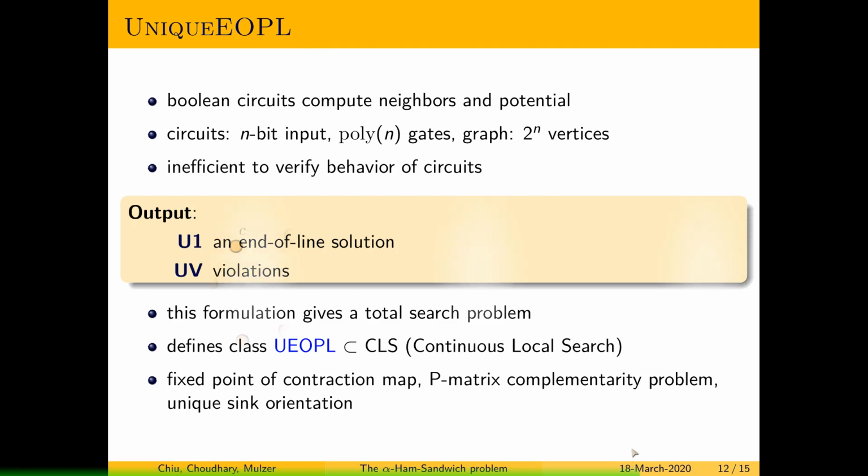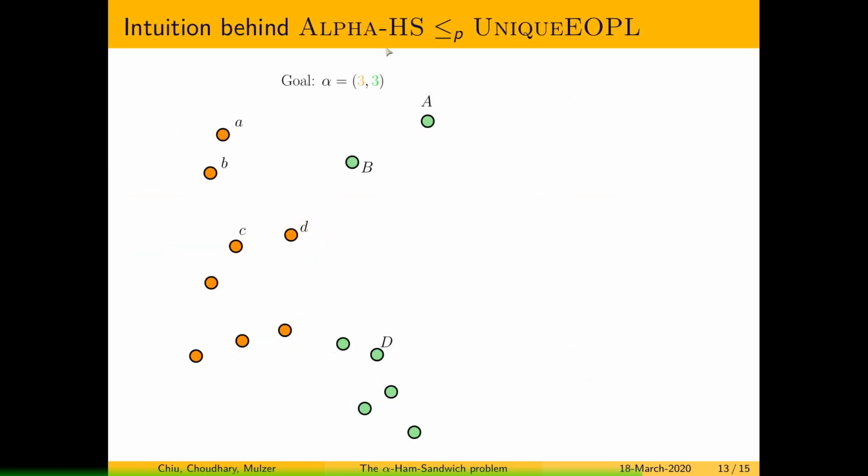Let us now see why we can have a reduction from alpha ham sandwich to unique EOPL. Suppose we have 2 point sets in the plane, orange and green, which are well separated and in weak general position, and our goal is to find a line that contains 3 green points and 3 orange points above it.